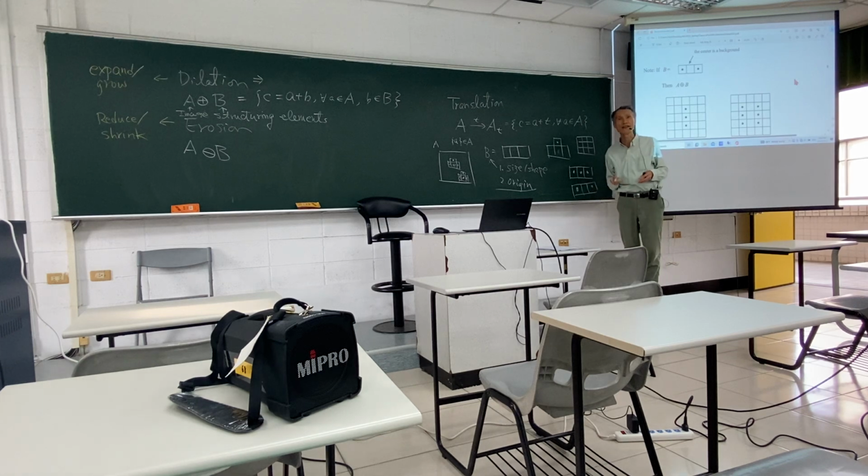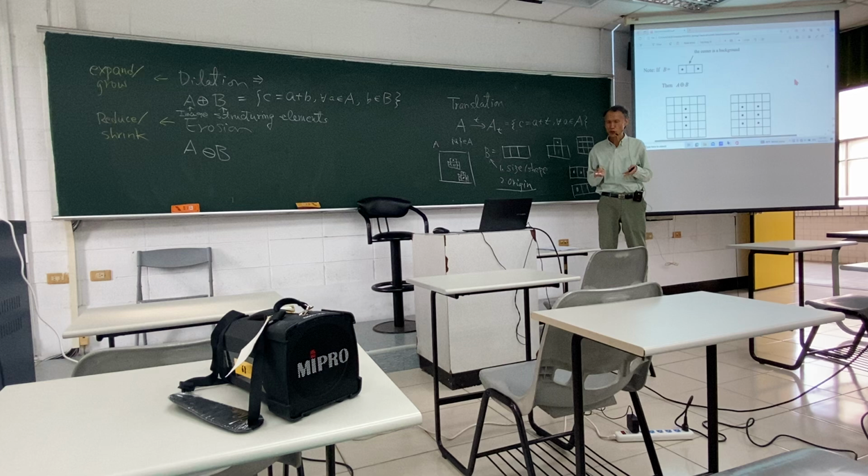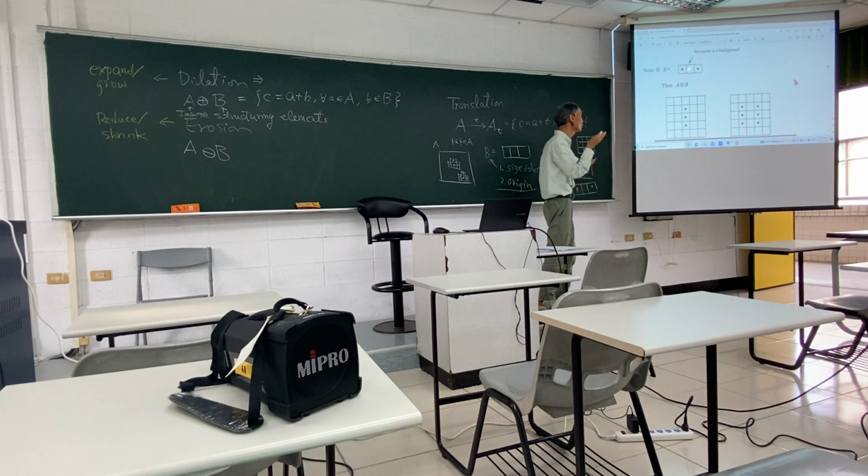But it's legal to do it. But usually we don't do something like this one. Usually we won't set this as the center when the center is not an object point. It's not an object pixel. It's background, but we can do it.